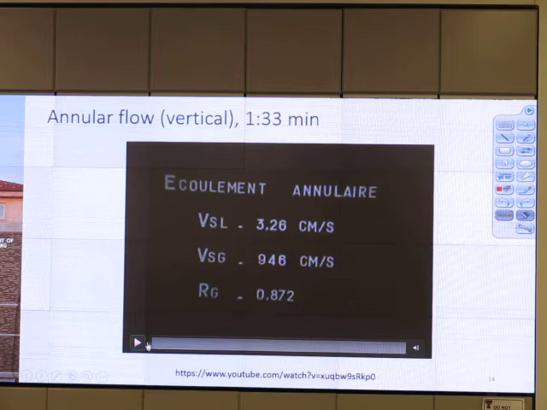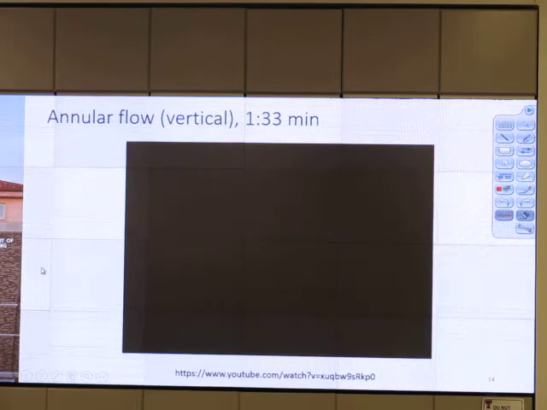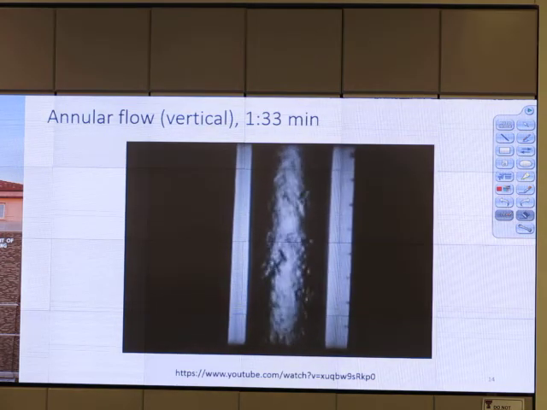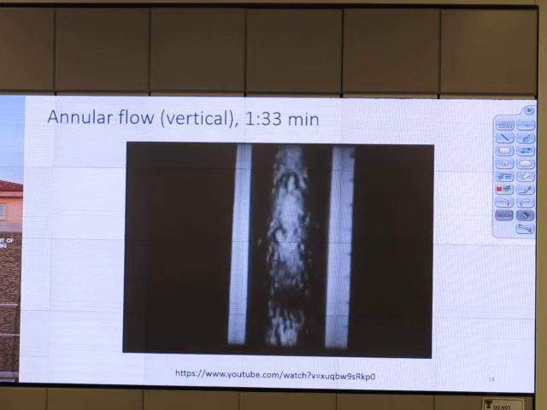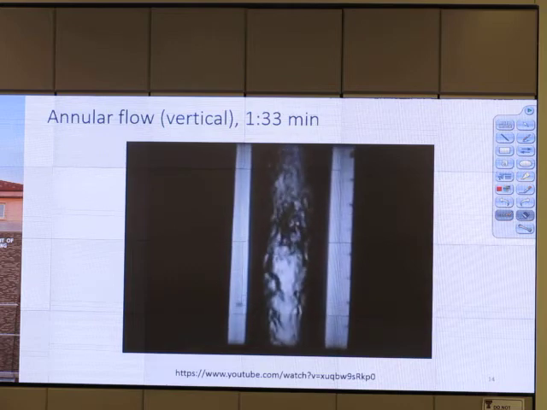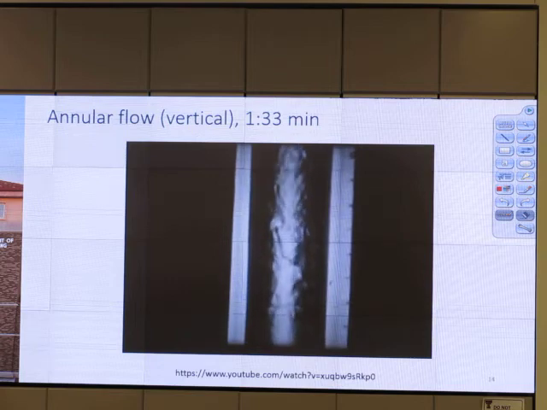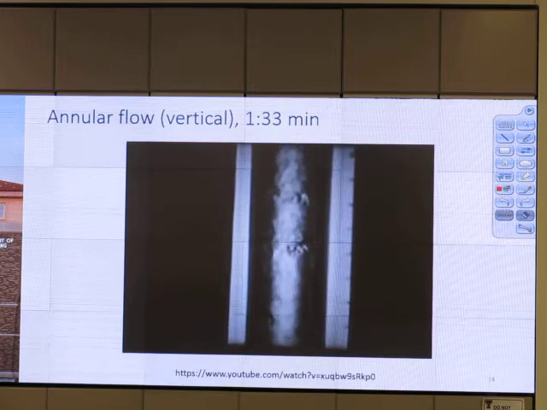The answer is yes, if you look at it more. Annular flow, vertical flow. Liquid film coats the wall, and the film can move up, sometimes move down. Sometimes the film is thin, sometimes the film is thick.